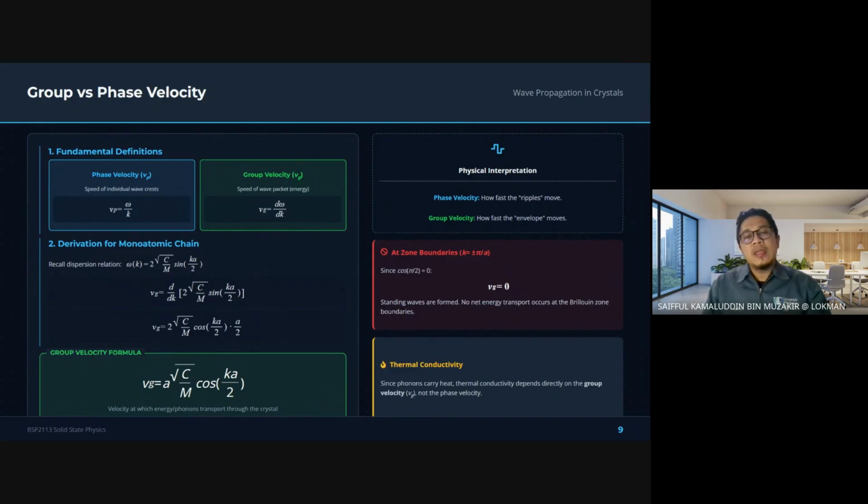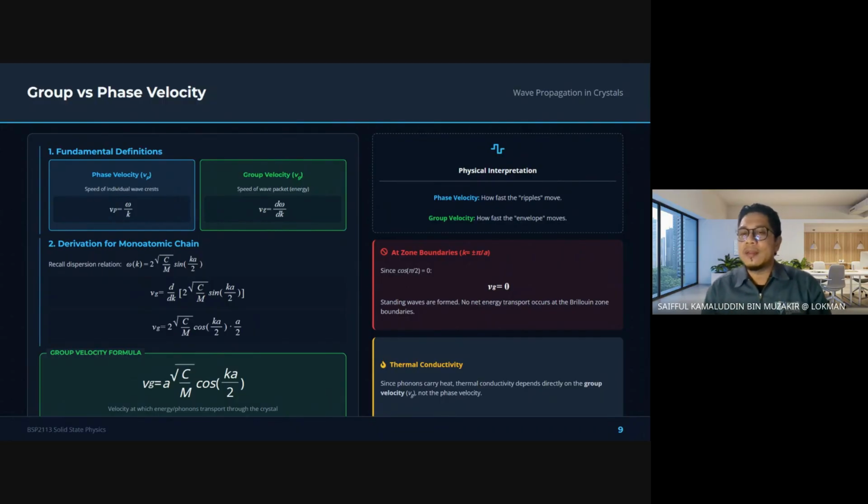Group velocity, however, tells us how the overall wave packet, the complete wave packet, moves. Just like the photon, the light, a photon is made out of a wave packet, and how fast that wave packet moves is the group velocity. In many real physical situations, group velocity is more important because it is linked to how energy or information travels.